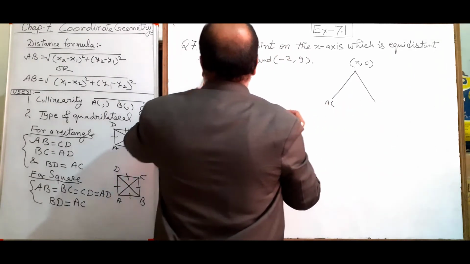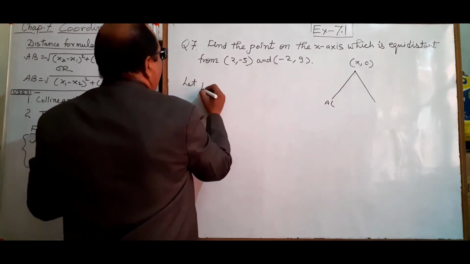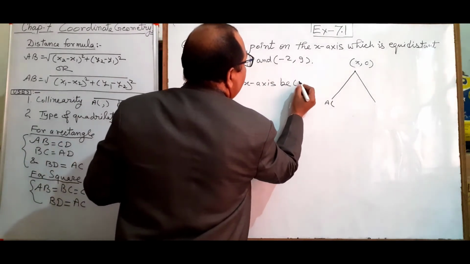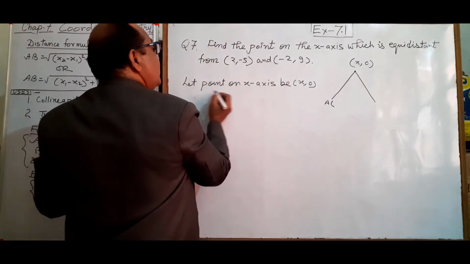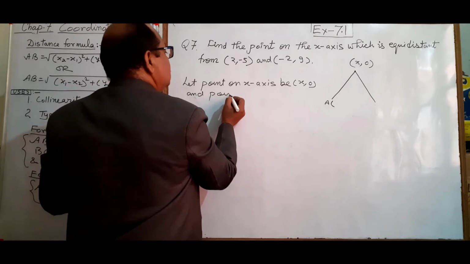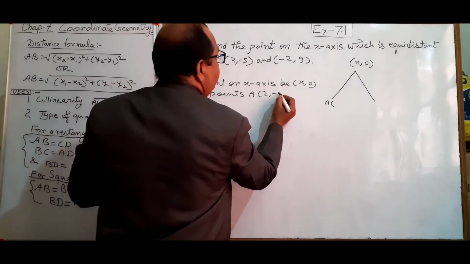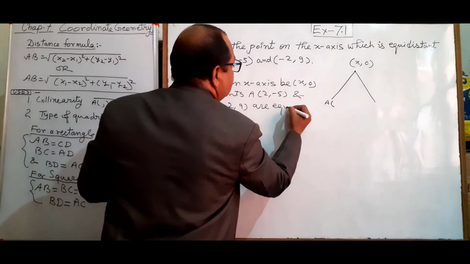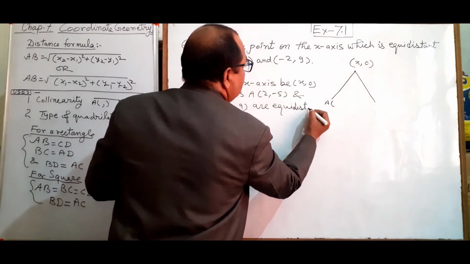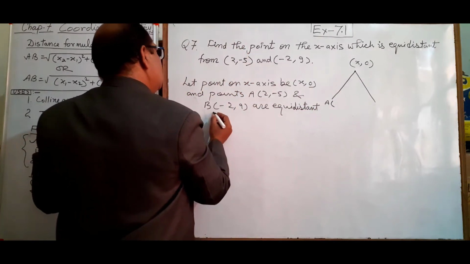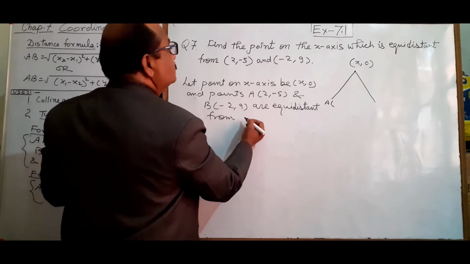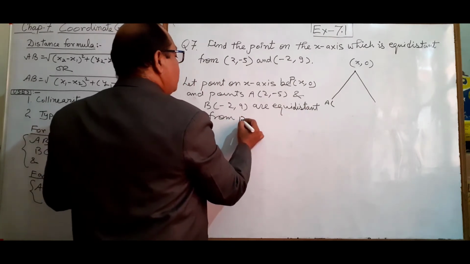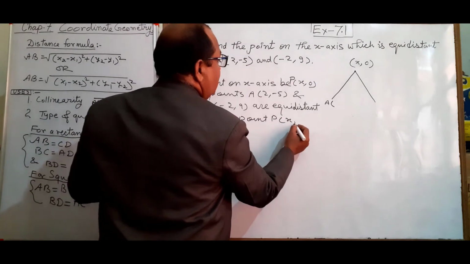First point is A. Consider the point on the x-axis to be (x, 0) and points A (2, -5) and B (-2, 9) are equidistant from this point, suppose this point is P, (x, 0).